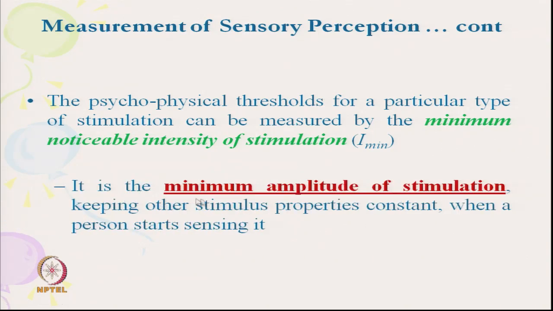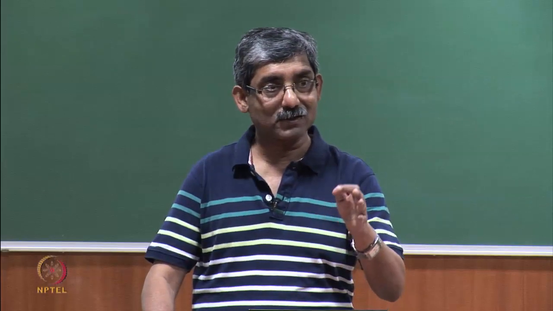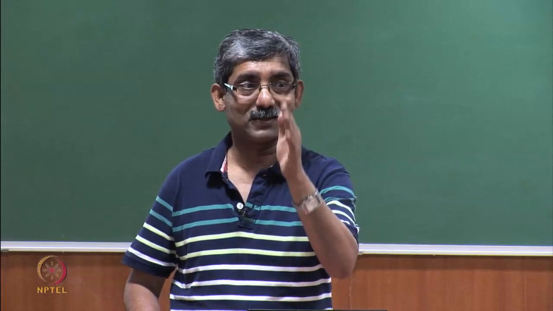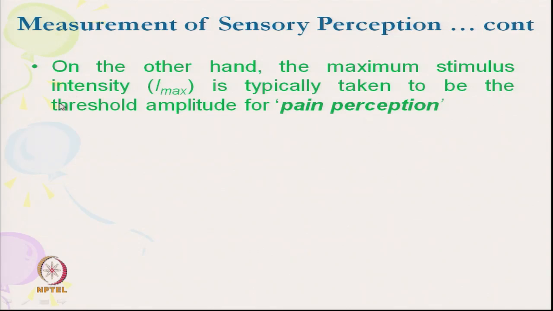It is the minimum amplitude of the stimulus, keeping other stimulus properties constant, at which a person starts sensing it. On the other hand, when the person starts sensing the same stimulus as pain, that is the maximum stimulus intensity, I max, which can be the threshold amplitude for pain receptors.